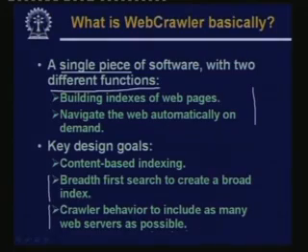This is one big question. So, when you say that crawler behavior is in such a way to include as many web servers as possible, what we mean is that when a subset of pages must be fetched, the subset should be such that there is one representative page from every web server.